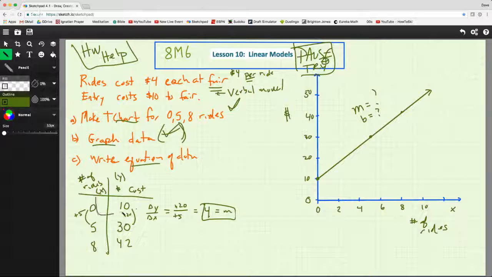And our y-intercept is where x is 0, y is 10. So our b is equal to 10. So our equation is y equals 4x plus 10, where y is in dollars and x is the number of rides.